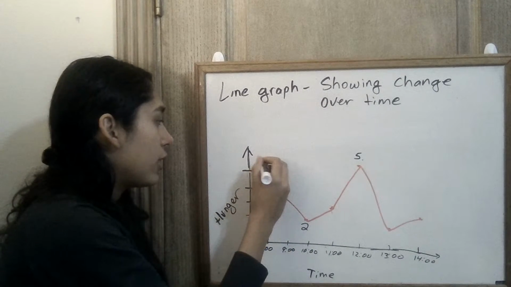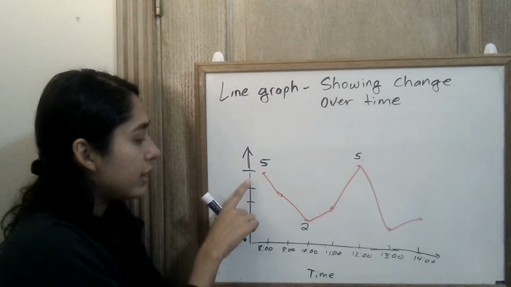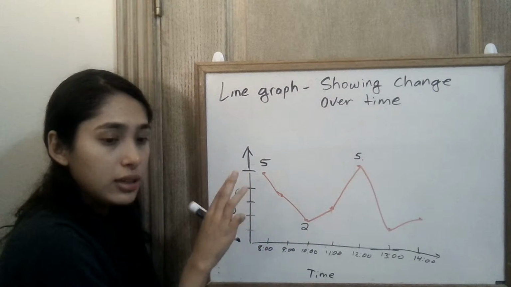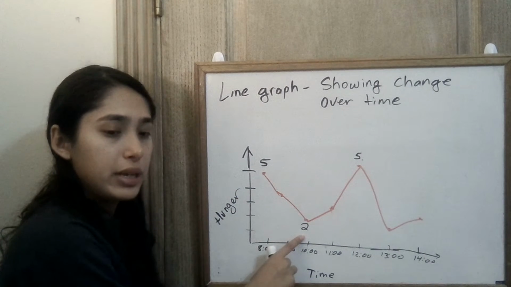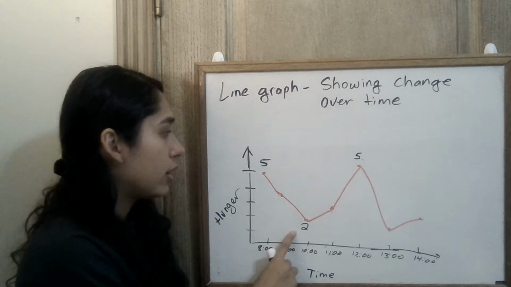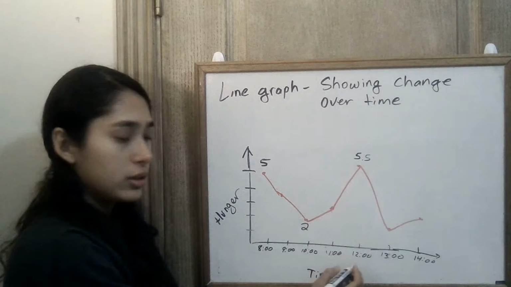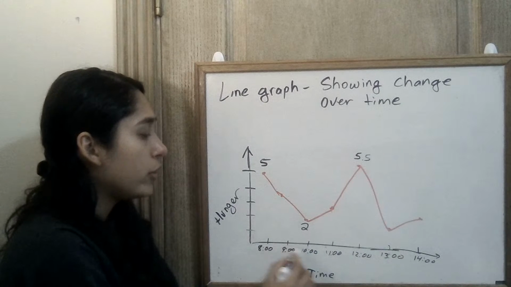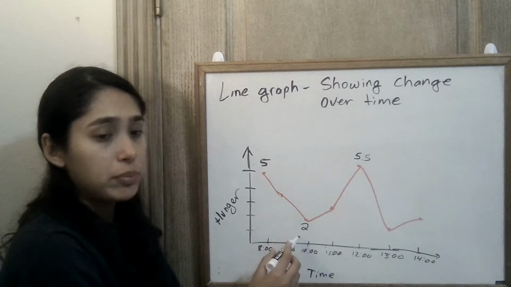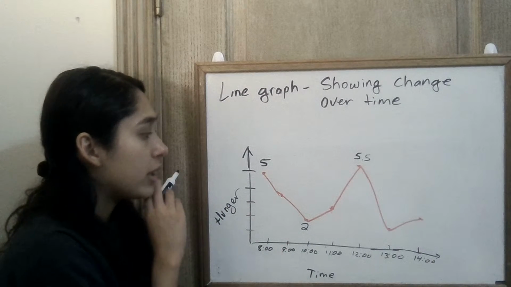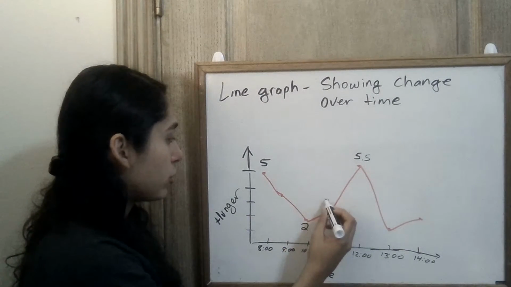So let's say at 8 p.m., my hunger level of 5 is 3 levels higher than at 10 p.m. And I know that by 12 o'clock, in those 2 hours, my hunger increases by 3.5. Something else I want to point out. That's it. This is a 3.